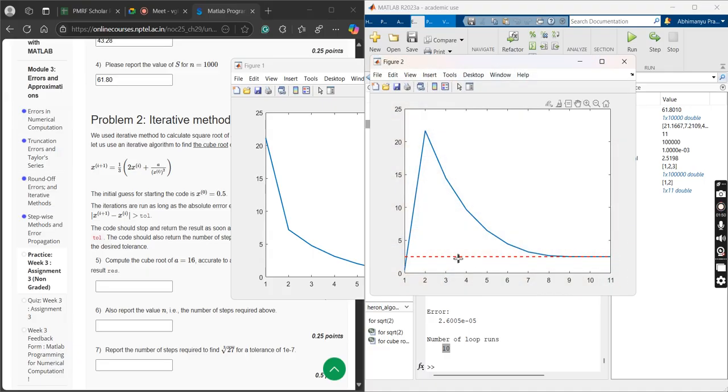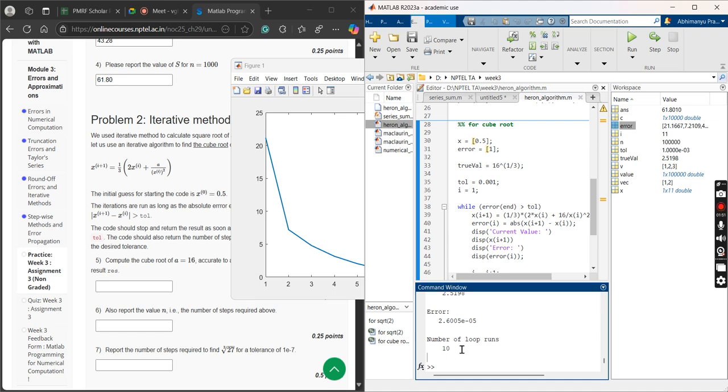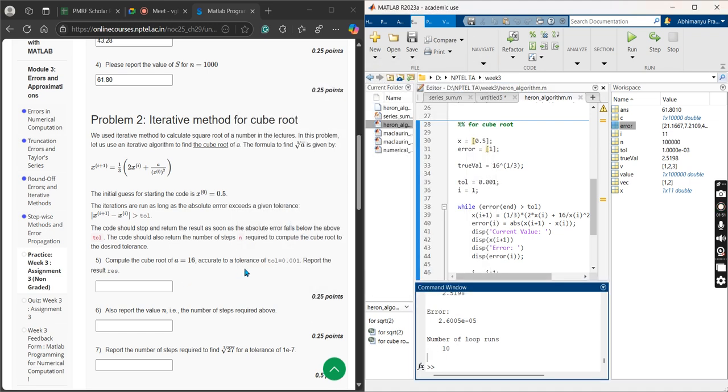We are seeing 11 over here because the first index is the initial guess that we have given, and the subsequent ones are the iterations. And we need to report the result res.